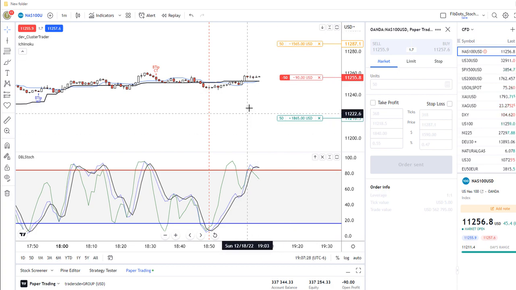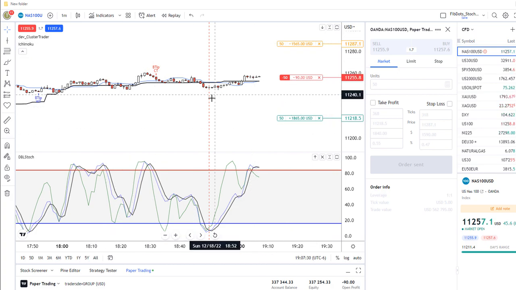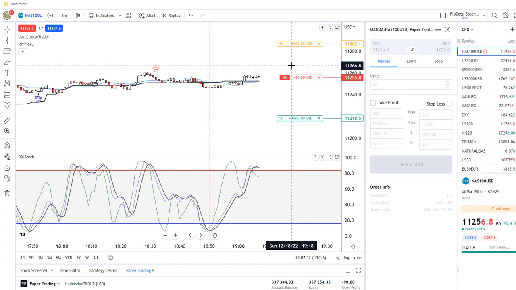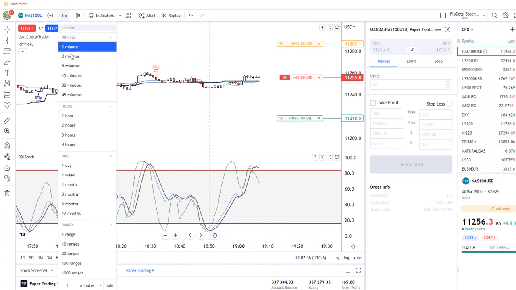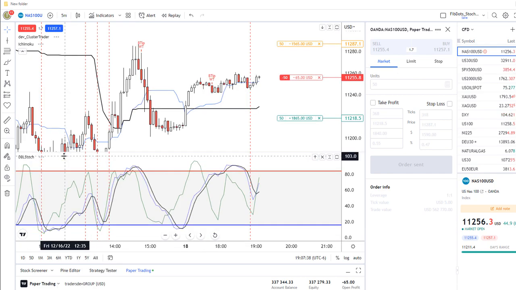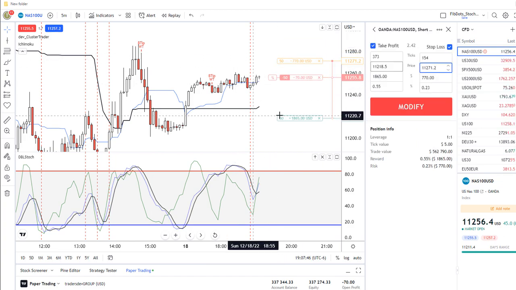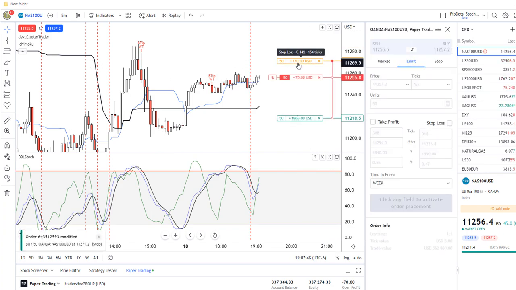Now, I don't want to risk nearly that much. So I want to identify a reasonable way to look at where my stops and targets should be based on market structure. Okay, so I want my stops above this right here. So I'm going to come down to 71.20. Now I'm only risking 770. See this area of support right here, guys?